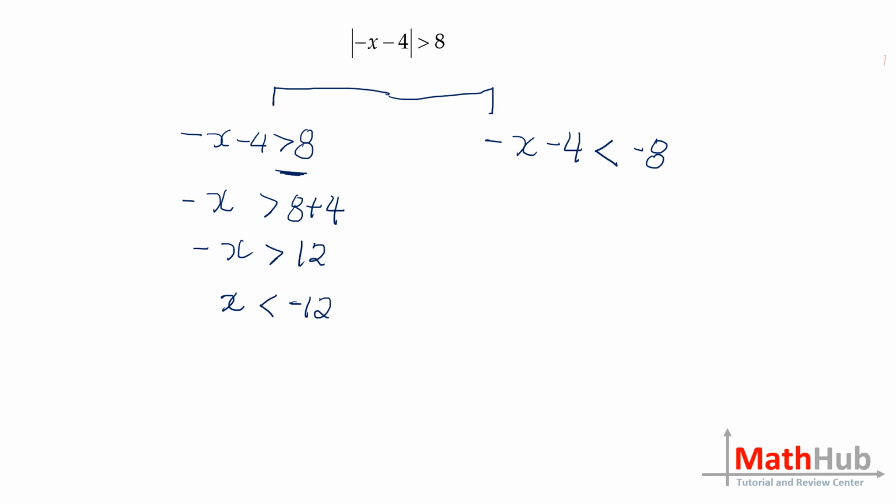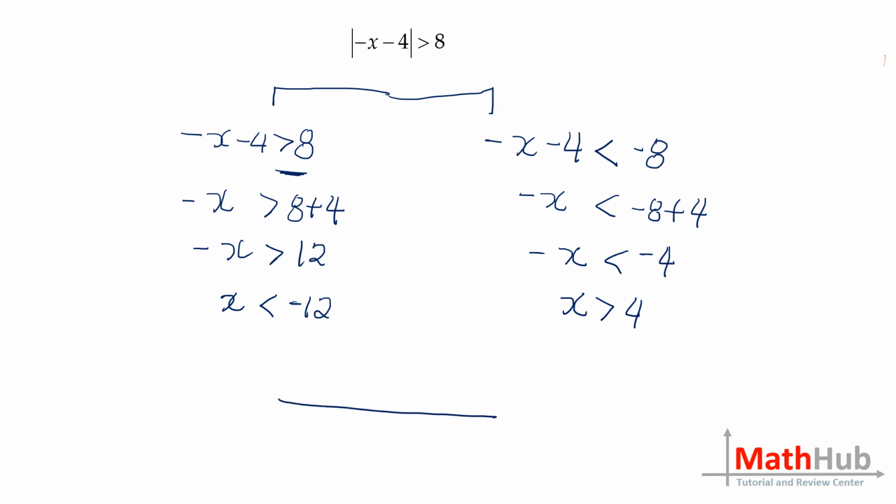And then going back to this inequality here, let's solve. Similarly, negative 8 plus 4 becomes negative 4. Negative x, again, I'm also dividing both sides by negative 1. So it becomes x is greater than 4.